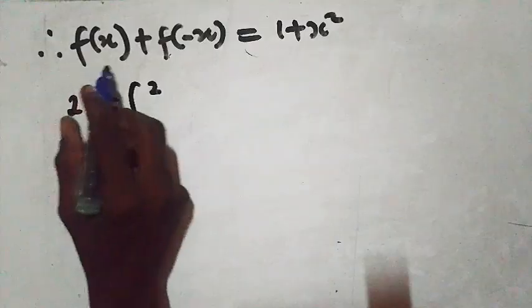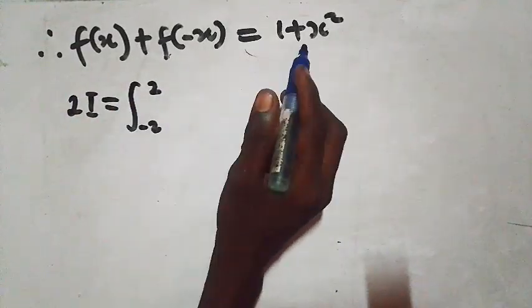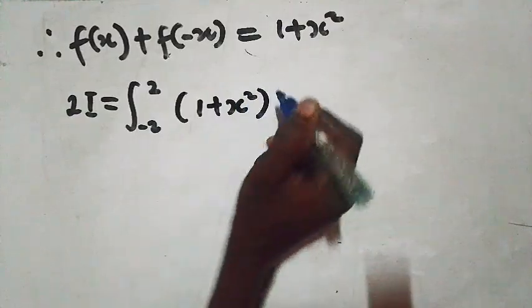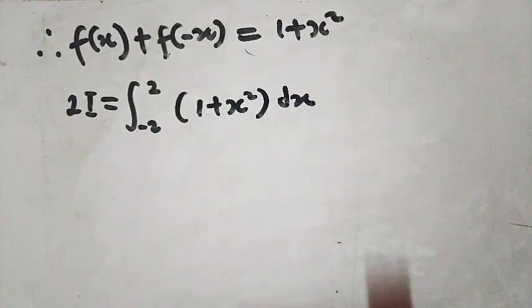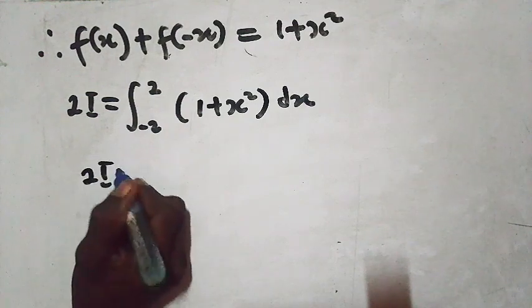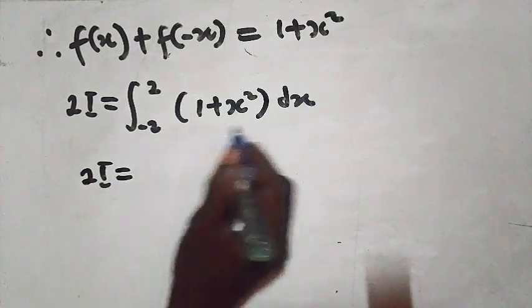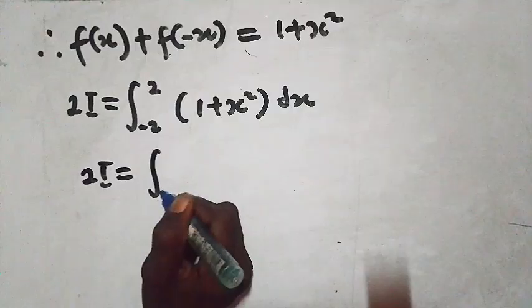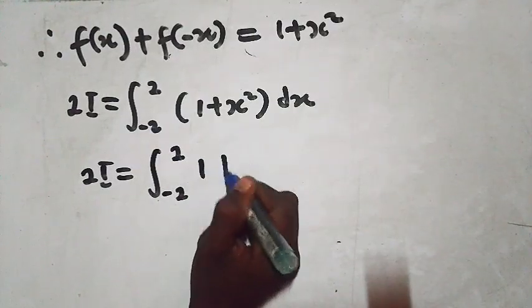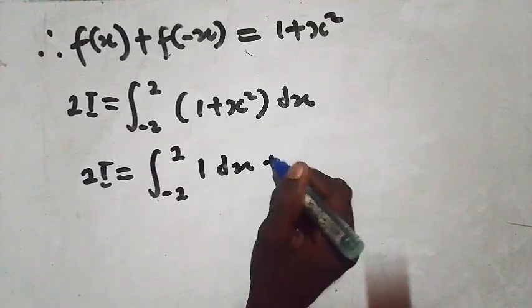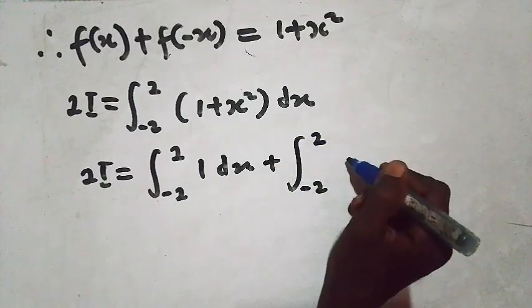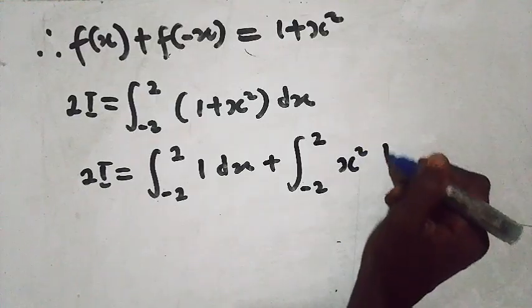Instead of the addition of this, we now substitute the answer, which is 1 plus x squared dx. 2I will now be equal to, if we split the function into 2, the integral from minus 2 to 2 of 1 dx plus the integral from minus 2 to 2 of x squared dx.